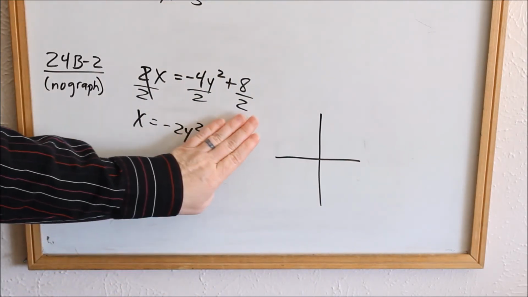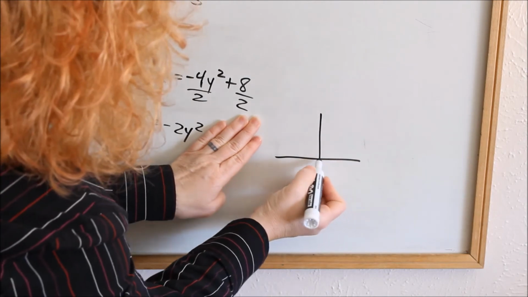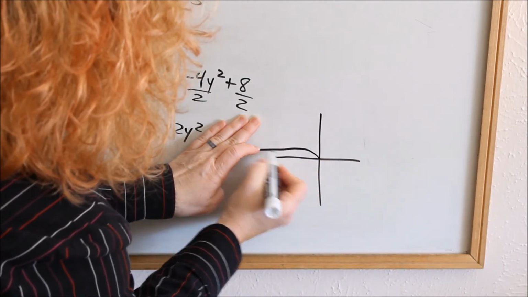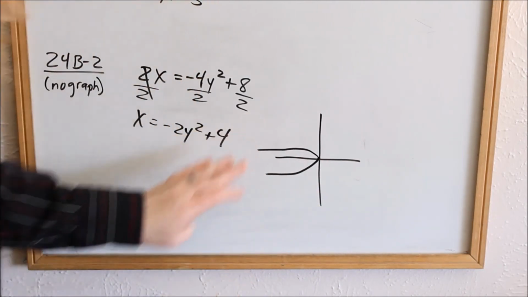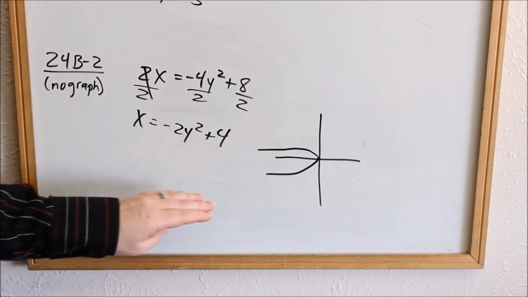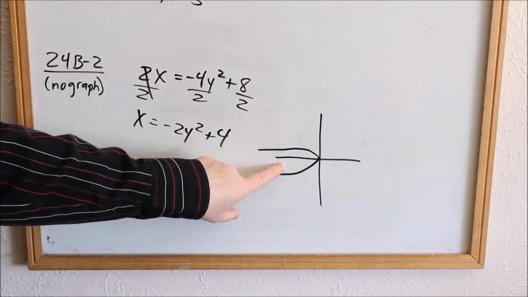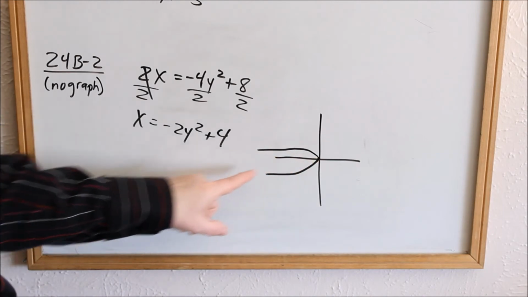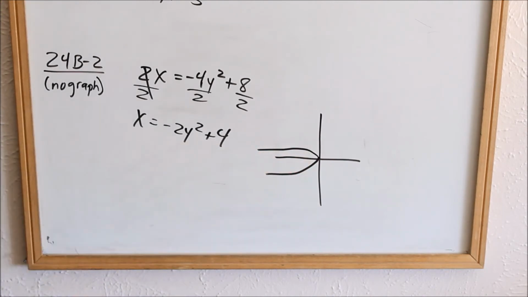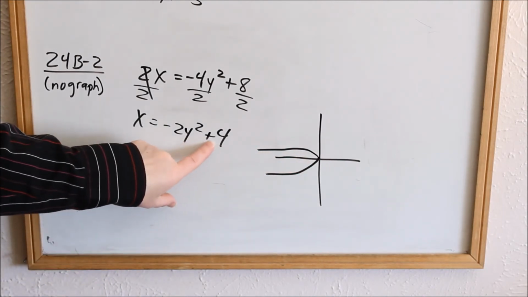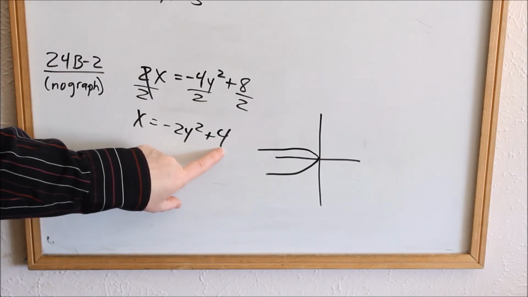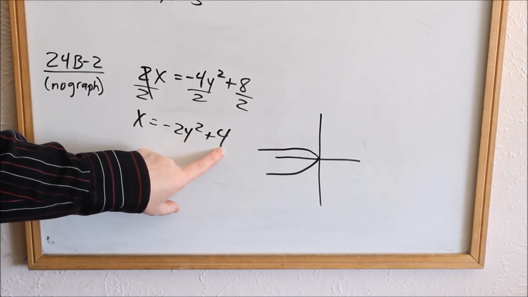If this number wasn't there, then I know I'd be starting at the origin, and it would be something like this, probably a little bit narrower than that. It would be facing the left, the negative side of the x direction. But now that I've got this plus 4, a positive number here means shifting to the right.